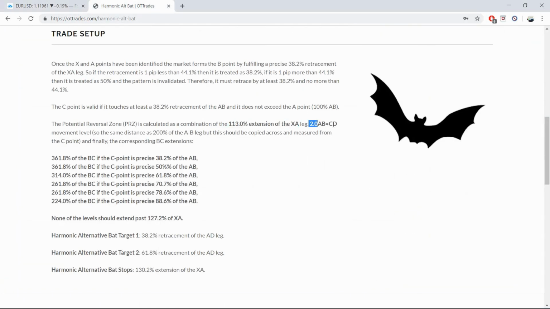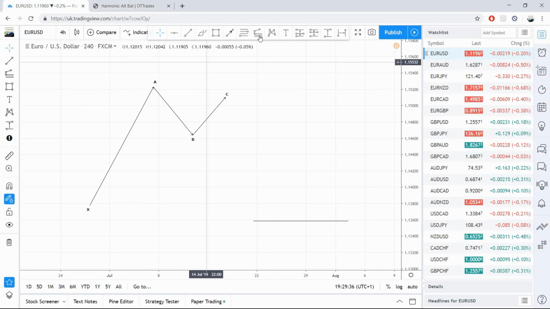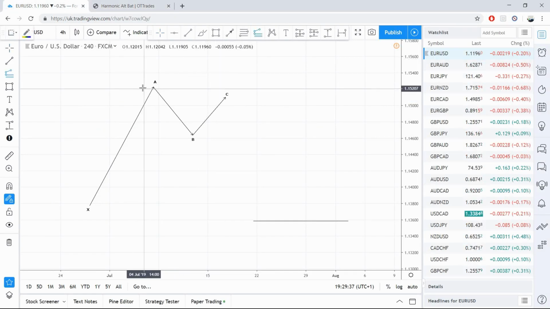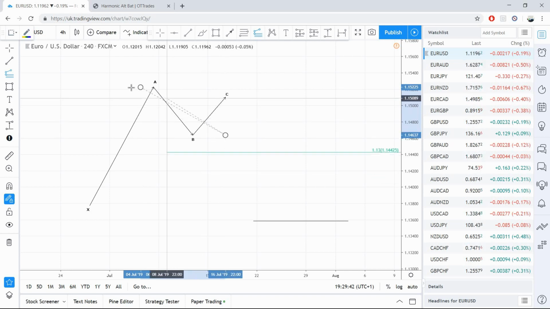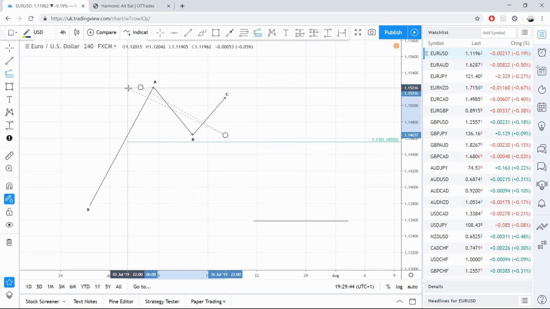So our next part is a 2 or 200% move of A to B equals C to D. So the same distance as 200% of the A to B leg, but this should be copied across and measured from the C point. So this is as follows. So A to B, we've got that 113 on there from the last time we used this.